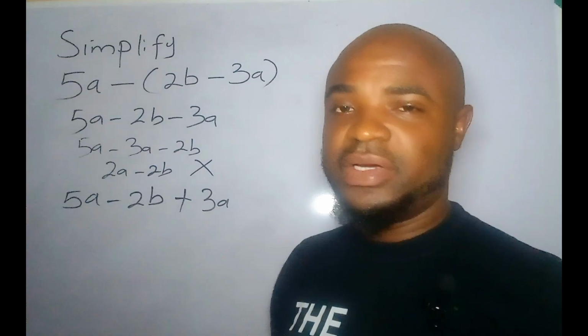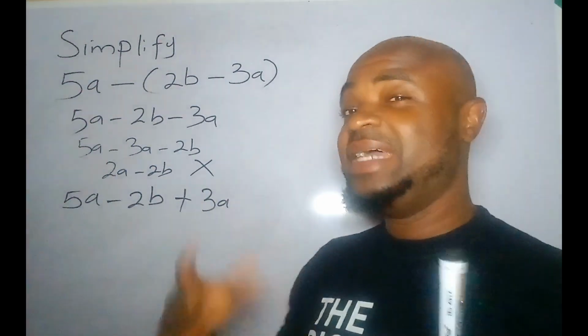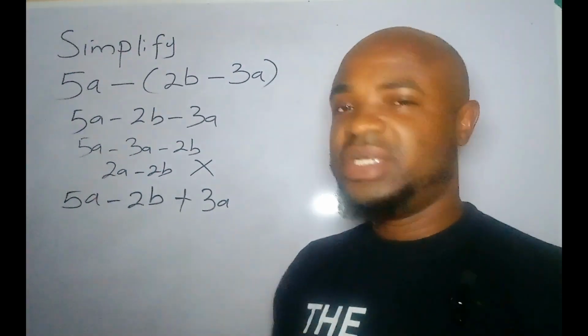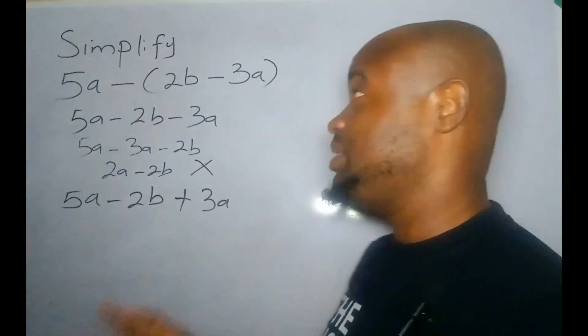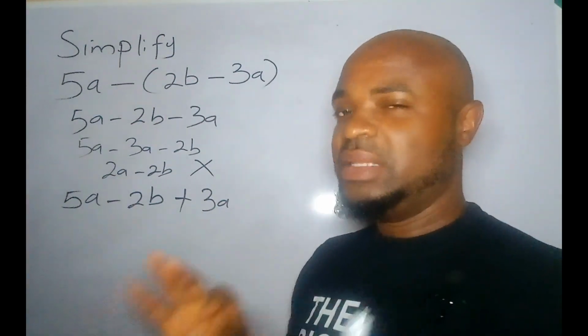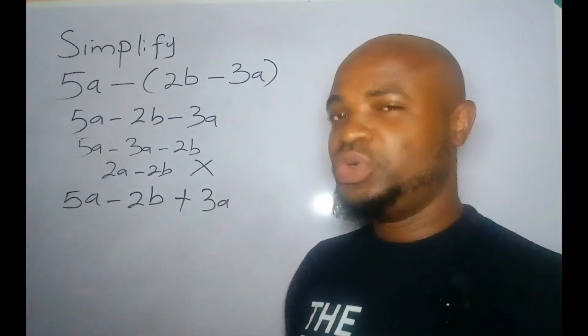Whenever you have a negative sign close to the bracket, please open the bracket using that negative sign, which means the signs inside the bracket will change. But when you have a positive sign, the positive sign will not change anything. The signs in the bracket will remain the same. But whenever you have a negative sign, please ensure you multiply.